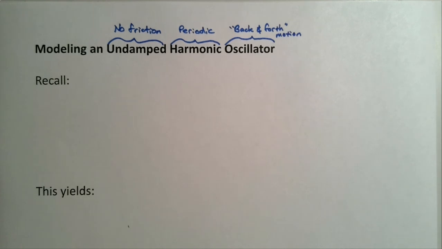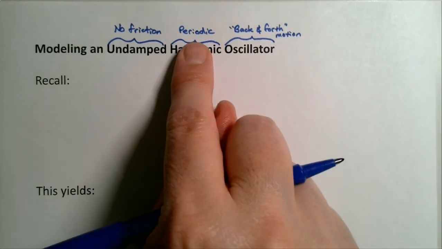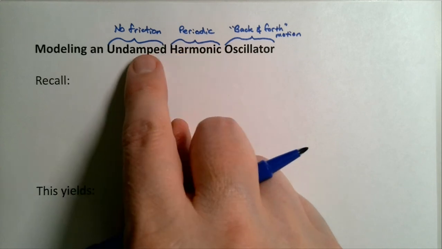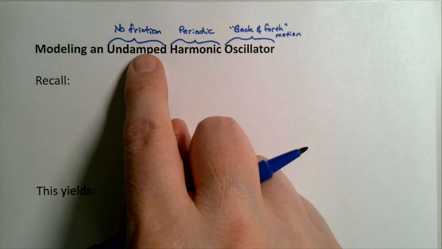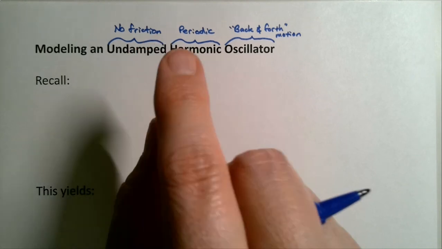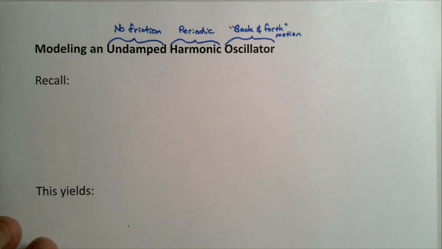So an undamped harmonic oscillator is something that's moving back and forth in a periodic fashion with no friction. Now, you probably realize that saying no friction makes it kind of impossible, but for our purposes, it's the beginning of understanding what's going on.